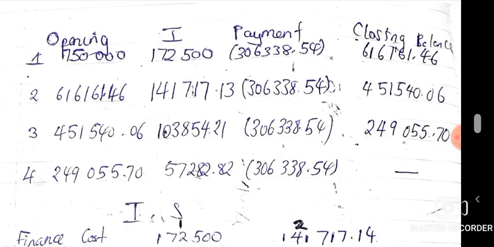That's your year 1 interest. So any interest paid or charged on a particular lease, that's your finance cost in year 1. Meaning the next year, year 2, the interest that you get to charge, which is 141,717, as you can see in year 2, is what you will record as year 2 finance cost, because interest is finance cost, which we still record according to IAS 1.